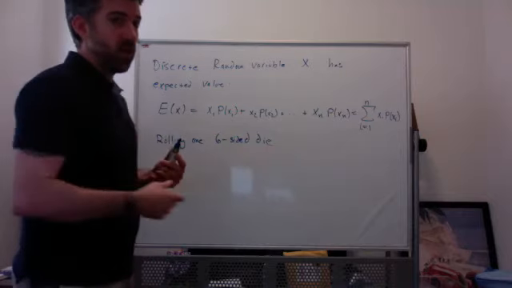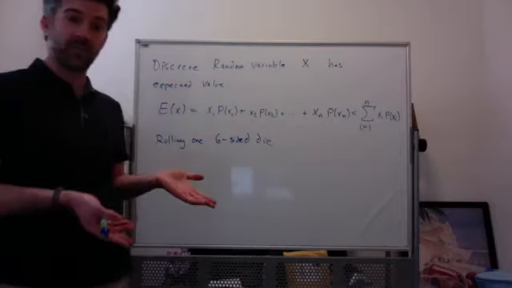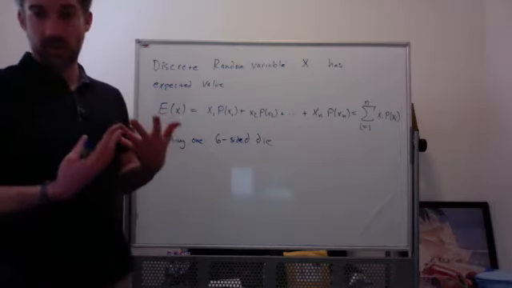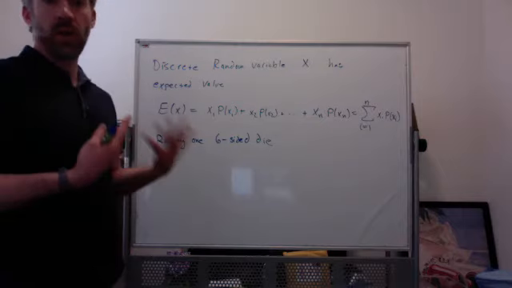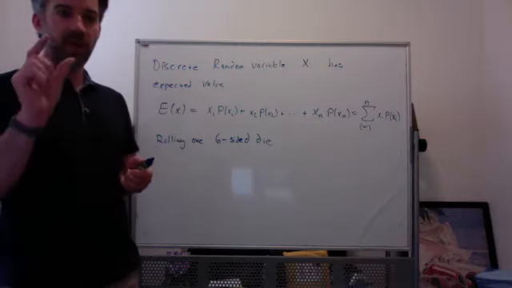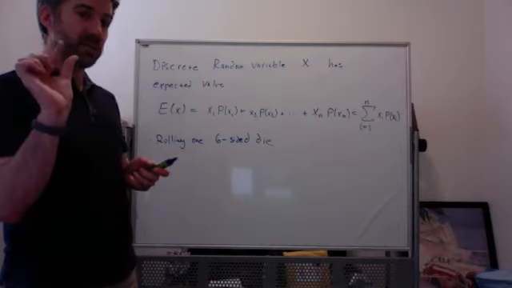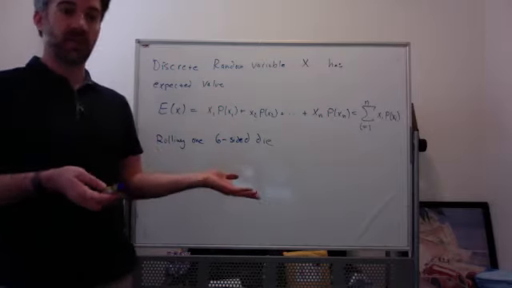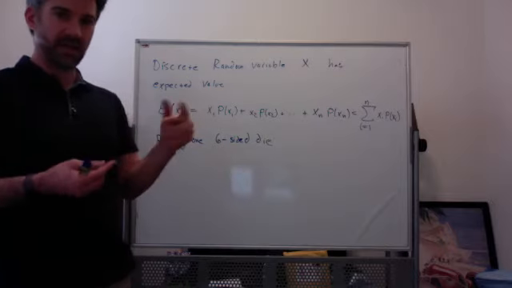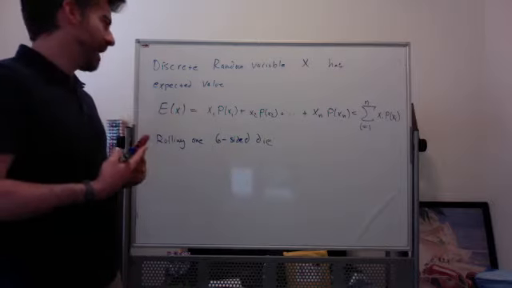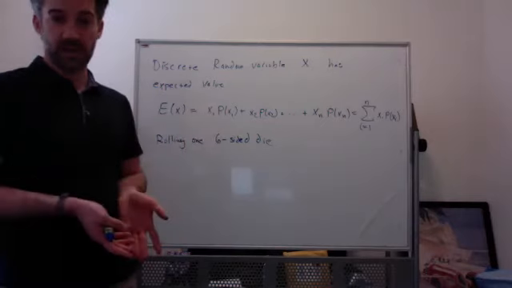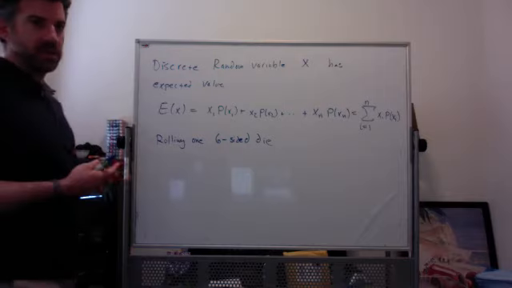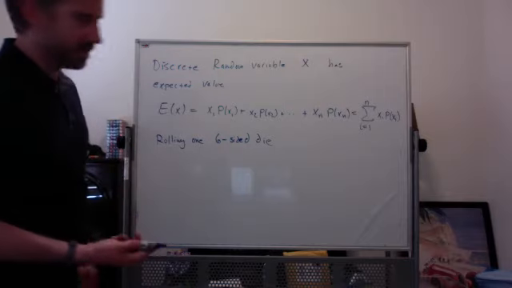Or you could talk about the height of a person. There are literally an infinite number of heights that a person could be, or the weight of a person, or anything where the degree of measurement can be as fine as you want it to be. Those things are usually continuous random variables because you can always dig down and say there's really an unlimited number of possibilities. So discrete, finite number of possibilities; continuous, infinite number of possibilities.